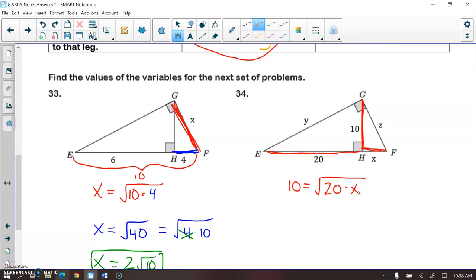Now when there's a variable underneath your square root, to get it out of the square root, what you do is you square both sides of your equation. 10 squared is 100. And the square root of 20 times x, all that happens there is your square root goes away, so you're left with 20 times x. And then, dividing both sides by 20, I wind up with x being equal to 5.